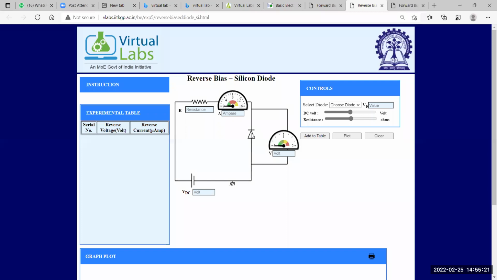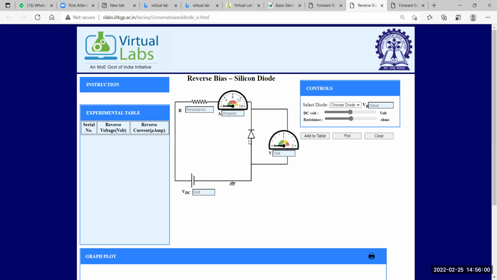You must see the diode position. It is basically the opposite position in comparison with the forward bias, and the rest of the other connections are the same.